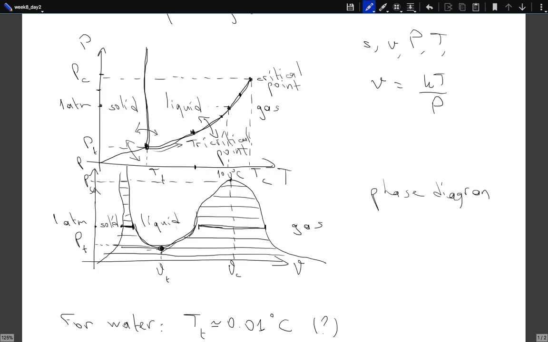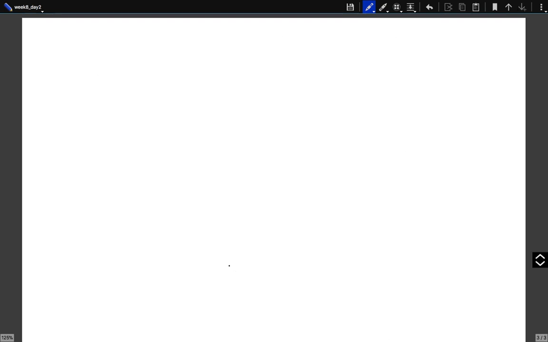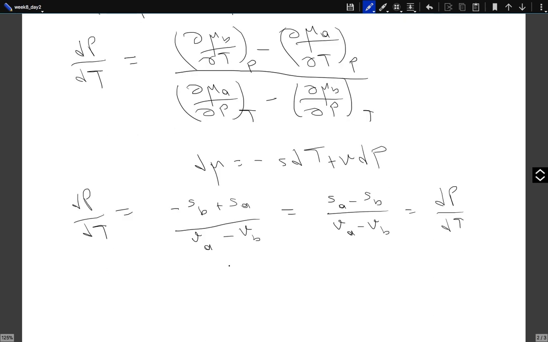So if you think in terms of the bonds, in a solid phase, the bonds are stronger than in the liquid phase. In the liquid phase, they are still stronger than in the gas phase. To break those bonds, you have to give energy to the system. Give some heat to the system. So in a sense you are increasing the energy of the system to break those bonds. But if you give heat to the system, it doesn't cause a change in the temperature, so you just need to give some amount of heat per particle.